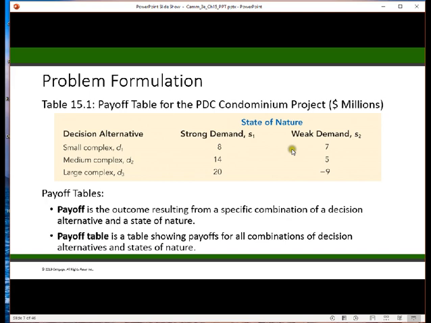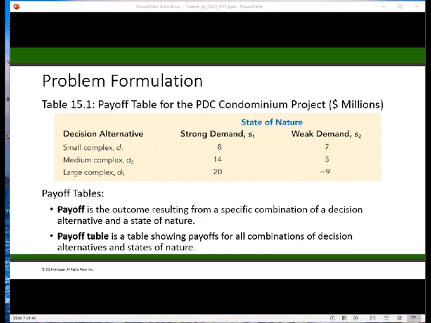So for example, 8 in our payoff table is the outcome of strong demand and small project. So small complex D1 intersects with strong demand, and 8 is our payoff for that, or the outcome. On the other hand, if there's weak demand, then for a small complex, our payoff is going to be 7.